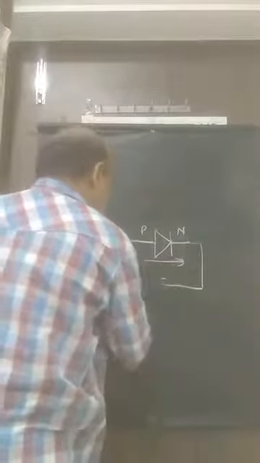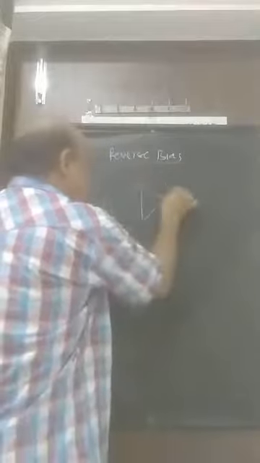Now what we will do here is, the P type is connected to the negative of the battery, and here is the reverse biasing of the diode. So I will use this diode here, and here this is the P type and this is the N type.